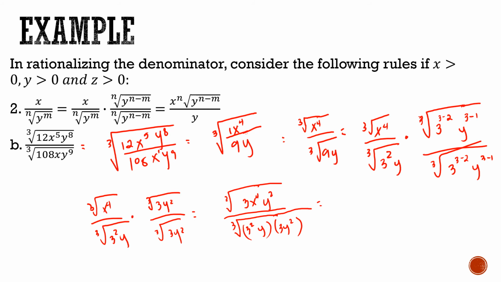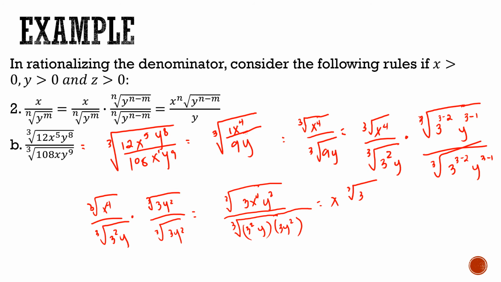So this is equal to, now take note, x to the fourth can still be simplified by dividing the exponent by the index, which is 3. So there is one 3 in 4. So we can write x cube root of 3, and the remainder is 1.